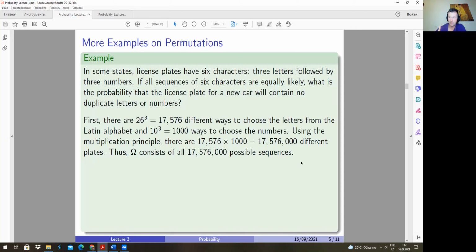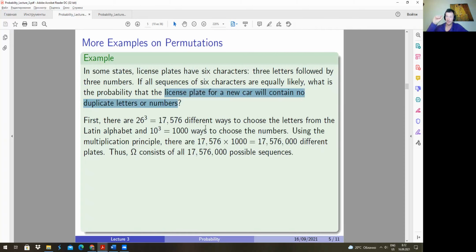Now look, second step. We want to calculate how many license plates do not have duplicate letters or numbers. What does it mean? It means I want to calculate how many license plates are possible without replacement.